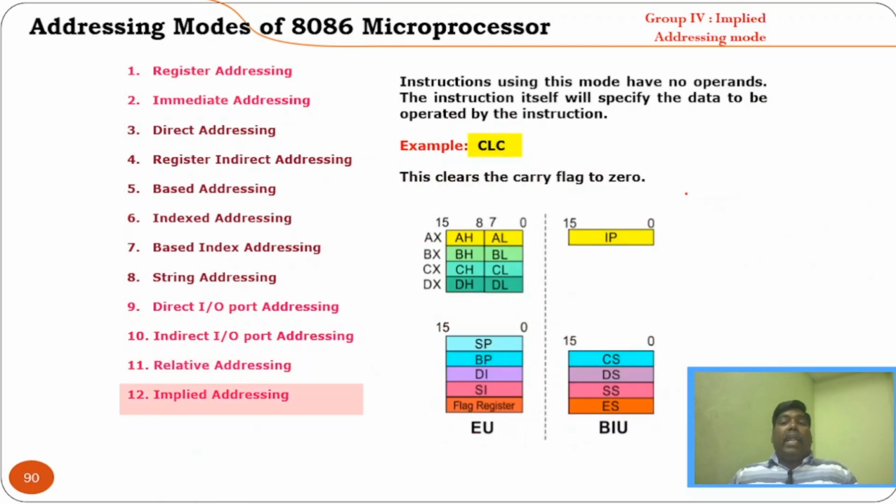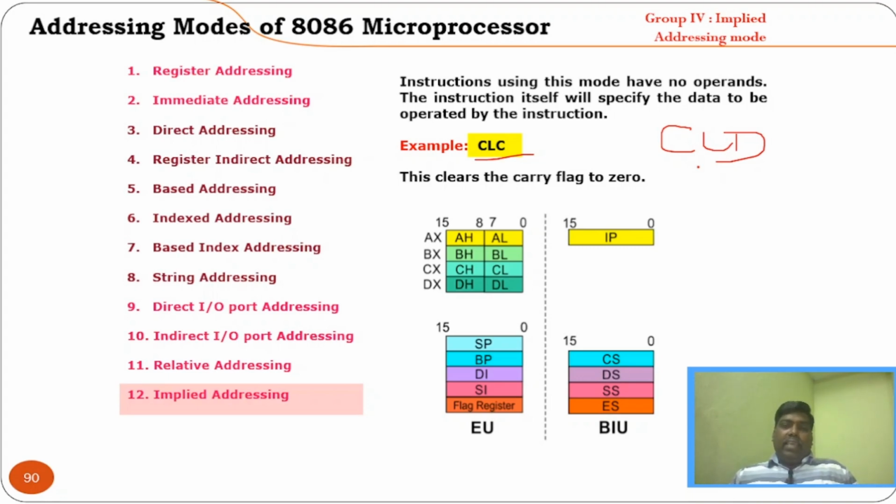And the last addressing mode is implied addressing, where in implied addressing there are no specified operands, right? The operand will be in the instruction itself, right? You can see here CLC, right? CLC is nothing but clear the carry flag. Similarly, CLD, which will clear the direction flag, right?